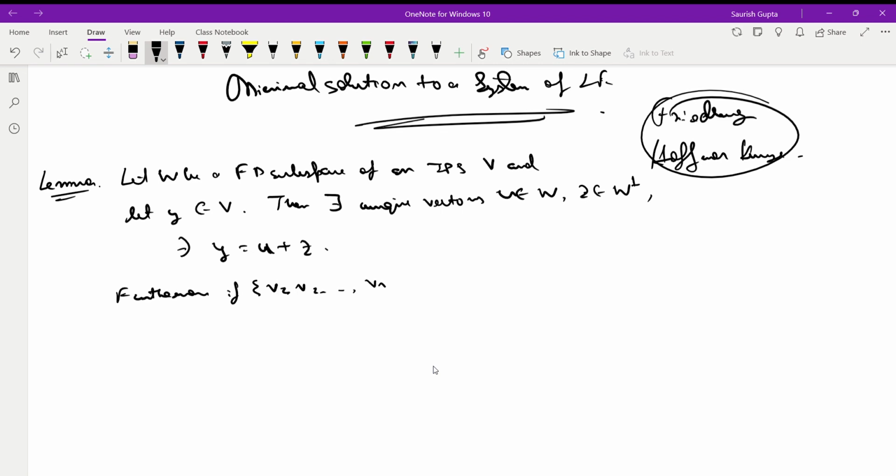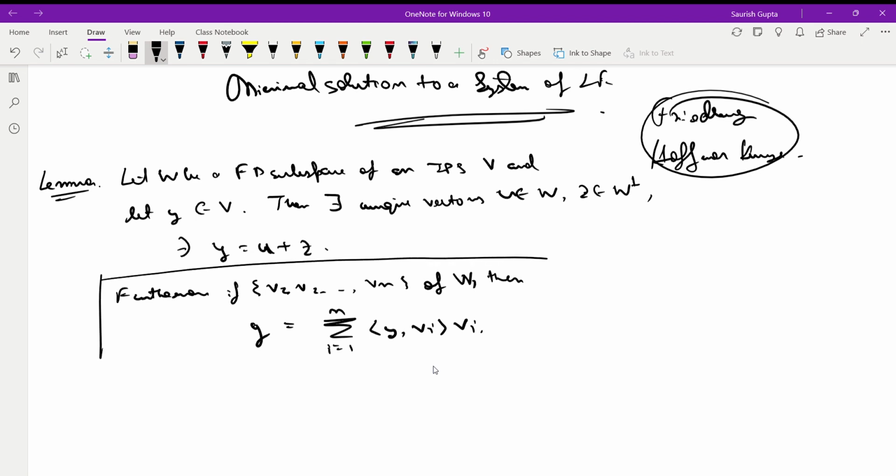Furthermore, if you have an orthonormal basis, say v1, v2 till vn, of W, I should say for W, not V, then you can write u as the summation i equals 1 to n of the inner product of y with vi, times vi. Now this is very standard.